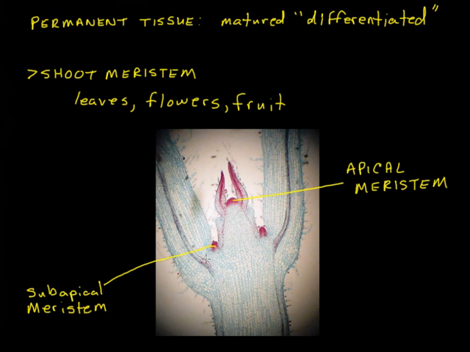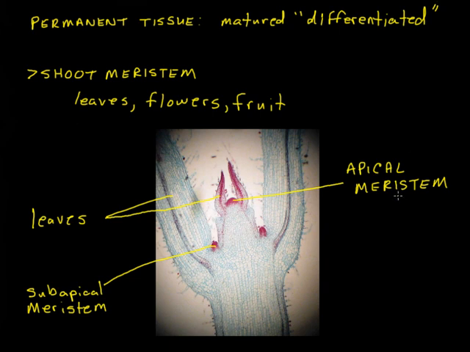There's one there. There's one right here. These are leaves, as are these right here, underdeveloped leaves.